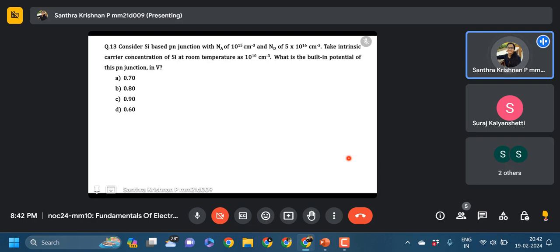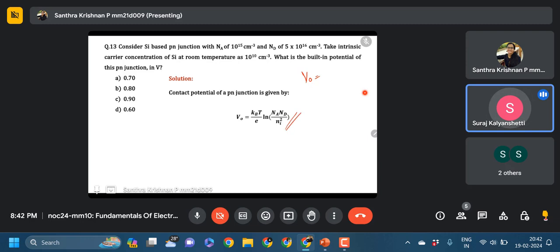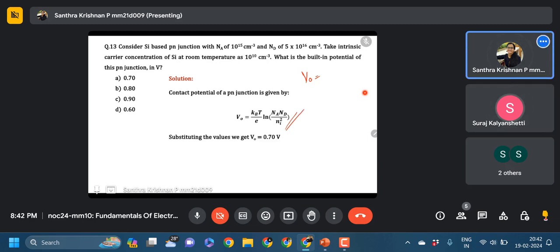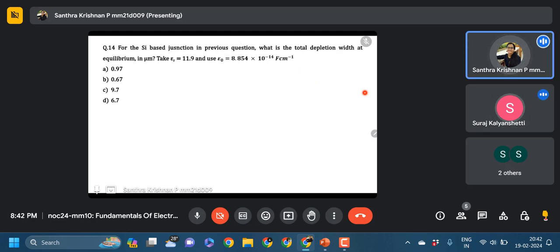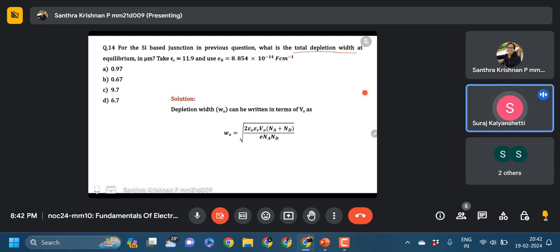So this is based on the one we have already done, directly substituting for W0. And this too is a direct substitution, like finding the total depletion width. Epsilon R is given, and epsilon 0 you have to take from the previous question.